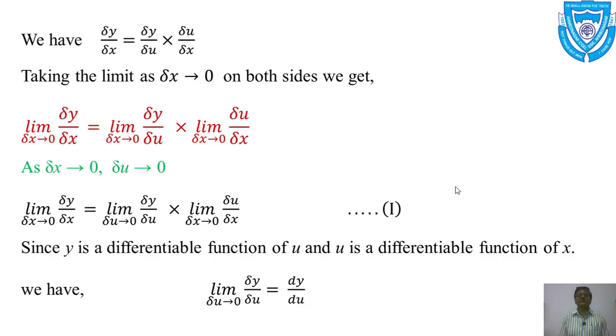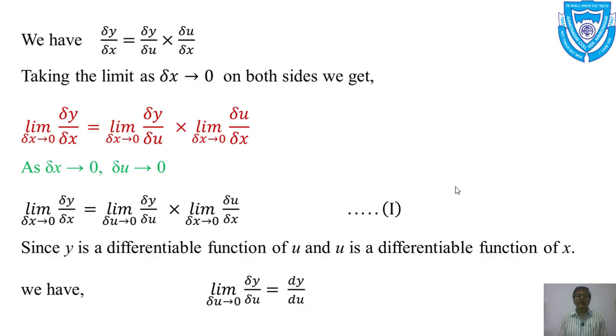Taking the limit as delta x tends to 0 on both sides, we get the limit of delta y upon delta x is equal to the limit of delta y upon delta u into the limit as delta x tends to 0 of delta u upon delta x.